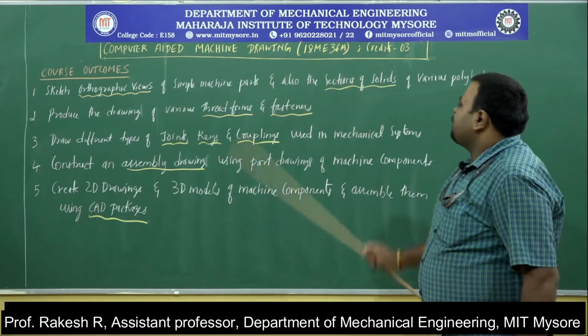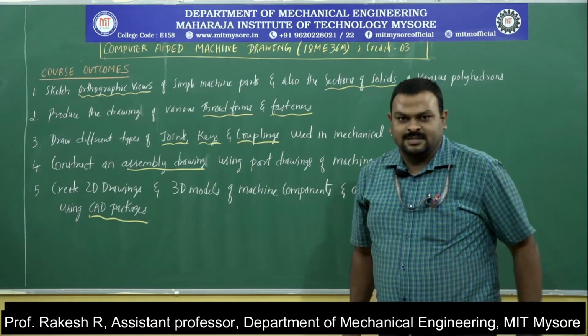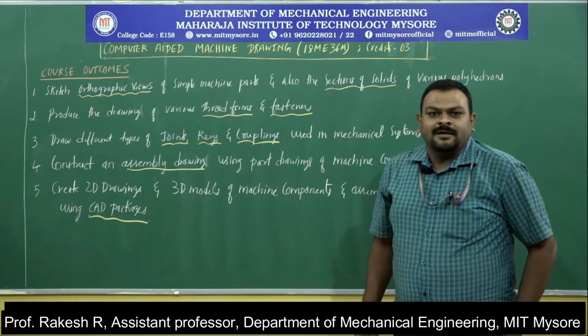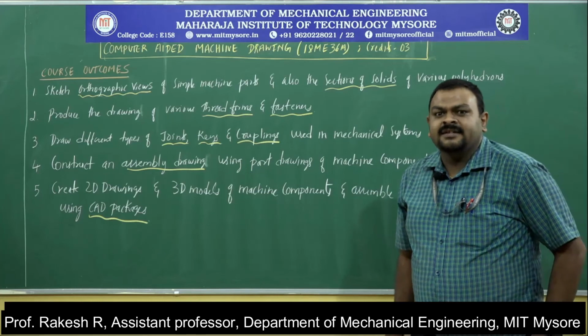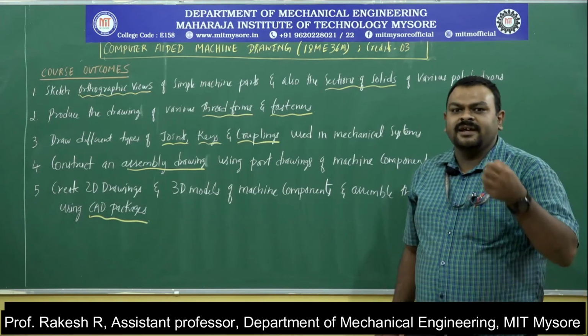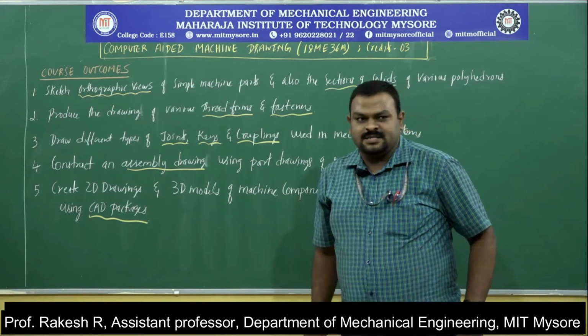Also, you will be writing sectional views of solids for polyhedrons. Polyhedrons means there are regular polyhedrons: hexahedron, tetrahedron, octahedron. Here you are not studying octahedron, you will just be doing hexahedron, tetrahedron, prisms and pyramids.